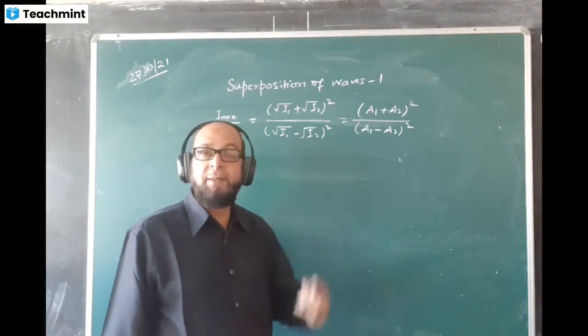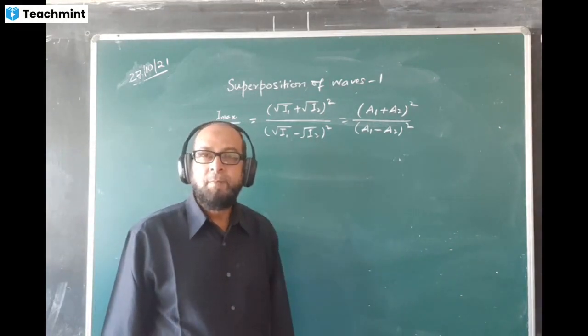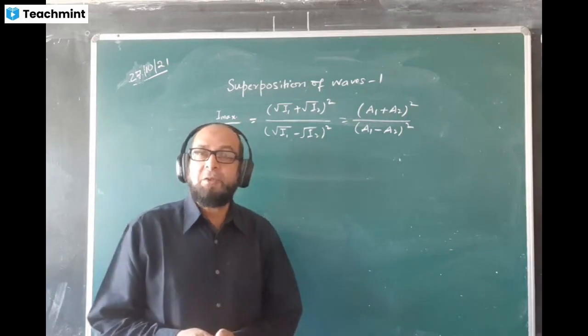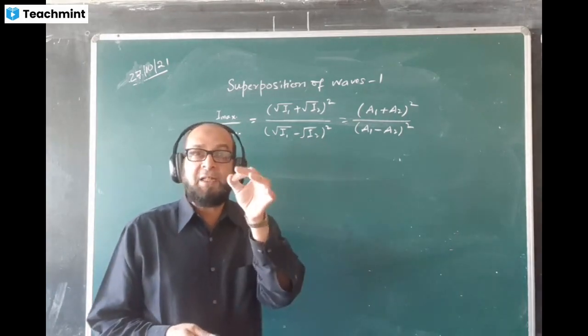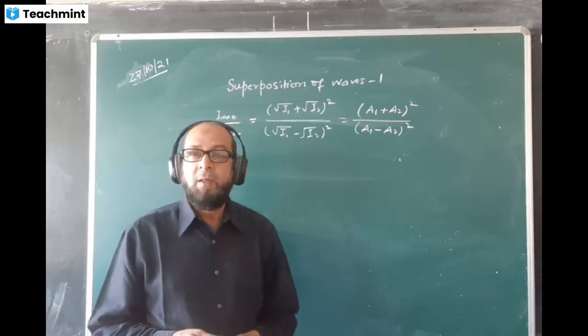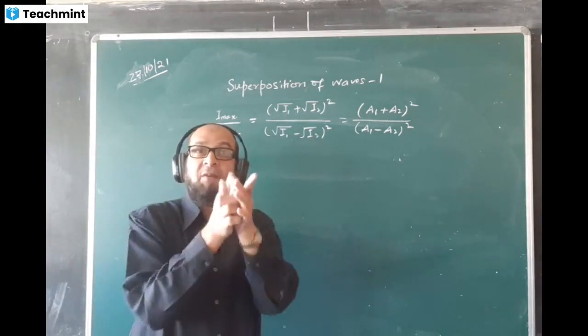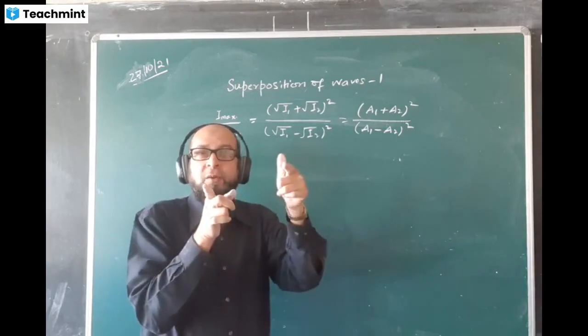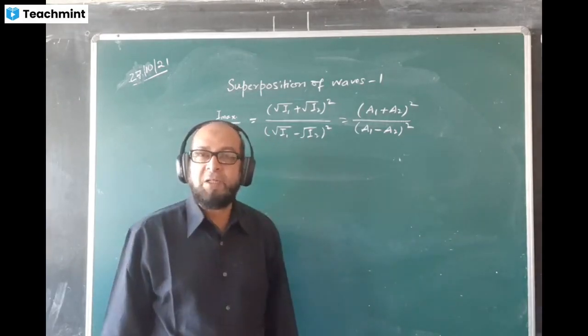And here we get maxima and minima. That means for interference to take place, the two waves must originate from the same source, because the same source only will give two waves of the same frequency. Two different sources cannot emit waves of the same frequency.